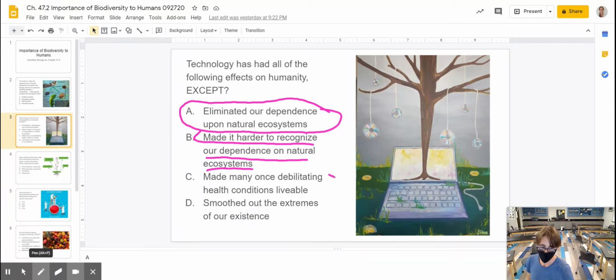Yes, certainly technology has helped with many debilitating health conditions, and it has smoothed out the extremes of our existence. Like, for instance, we don't have to be outside in the middle of a hurricane anymore. And we can know that those hurricanes are coming and we can prepare for them. So it has smoothed out the extremes of our existence, but it hasn't eliminated our dependence upon natural ecosystems.